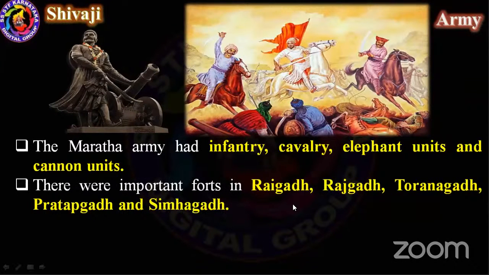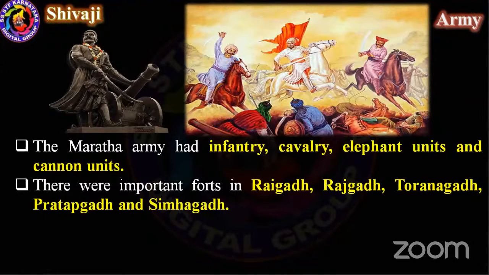These were the divisions of his army. Infantry means soldiers, cavalry means horse-riding soldiers, and elephant units too. Cannon units you can see in this picture, the Shivaji image, at the right corner of your mobile.